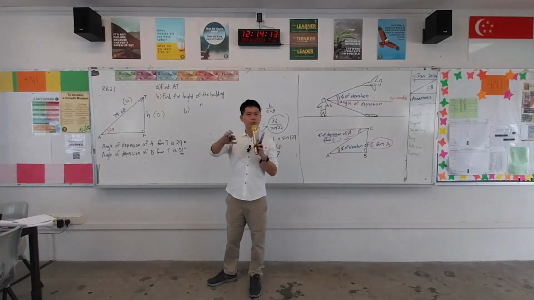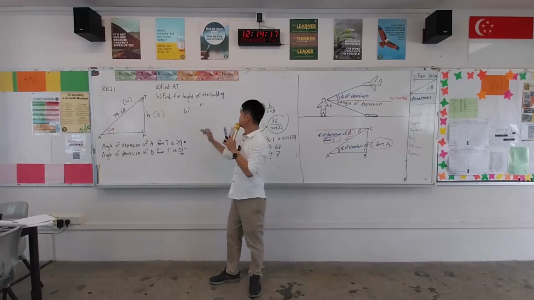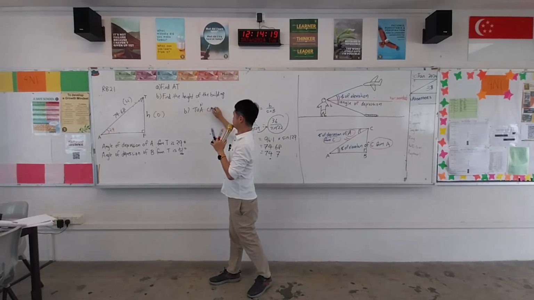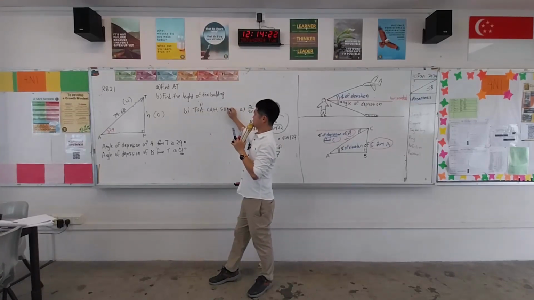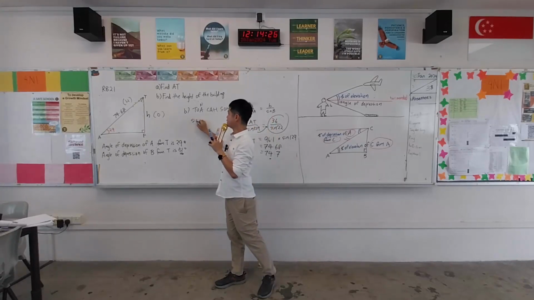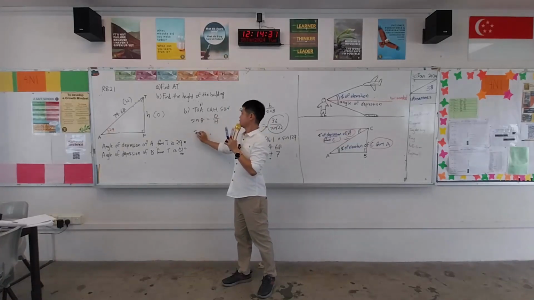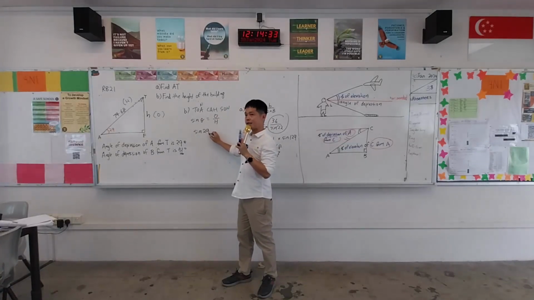So which one should I use? Sine ratio, cosine ratio, or tangent ratio? I should use sine ratio. So sine theta equals opposite over hypo. I got the angle 29.